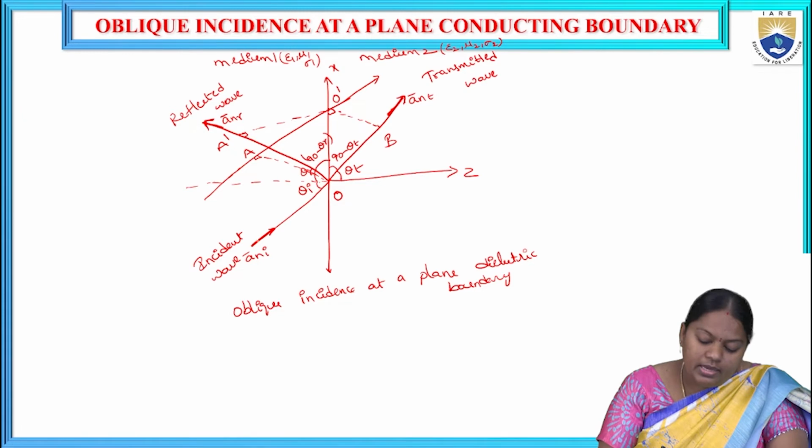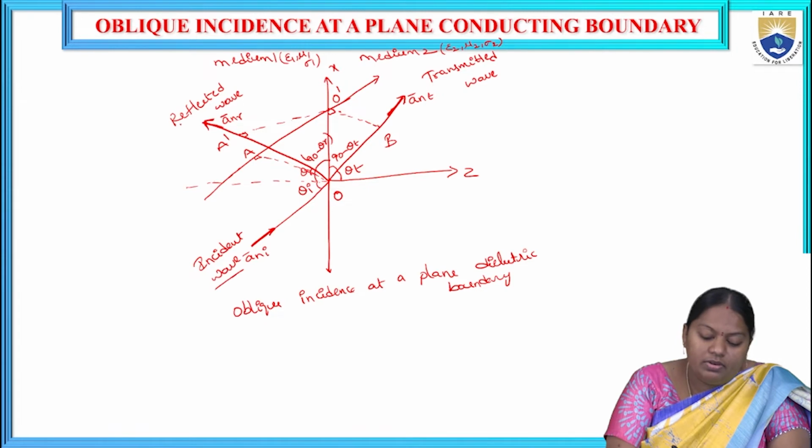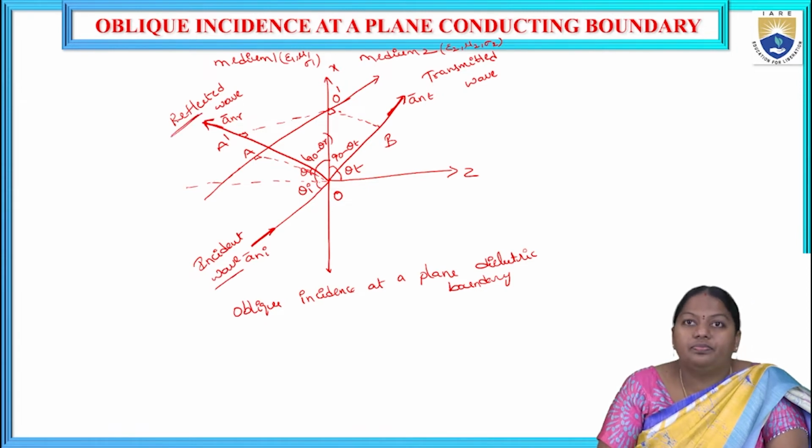Here aNI represents the incident wave vector. Similarly, the reflected wave is represented with aNR, and the transmitted wave with aNT, right? If you observe this figure, in medium 1 we have two traveling waves: one is the incident wave and the other is the reflected wave, right?